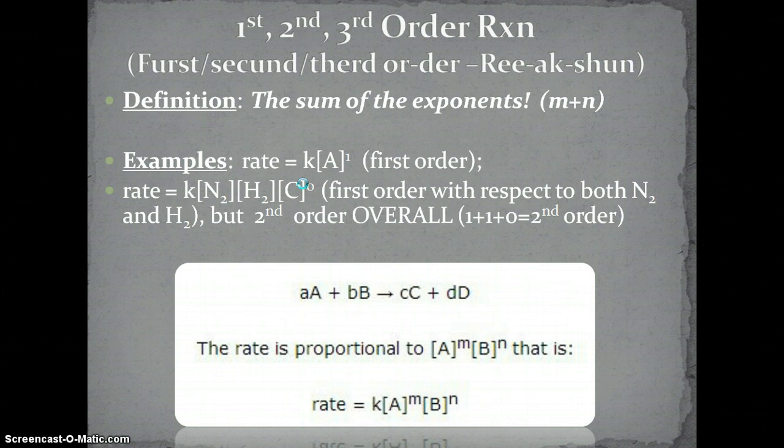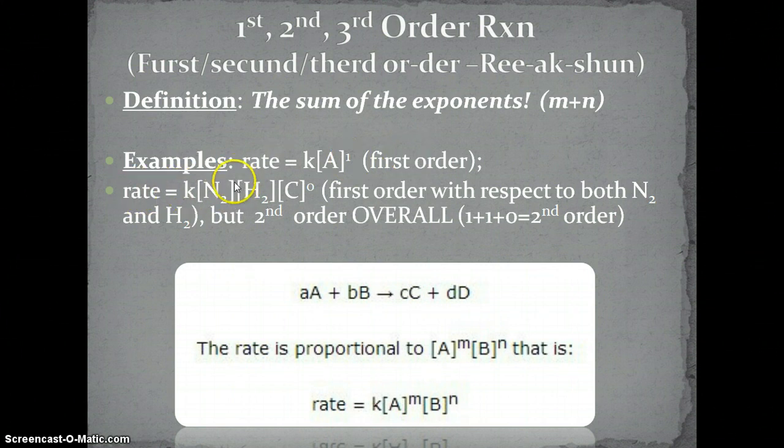All right, first, second, and third order reactions. So this gets a little more complicated, but the same idea. We're going to see the sum of the exponents. So let's check it out. We're going to add all the exponents in this rate law, and we get 1. There's nothing else. So it's first order overall. Let's take a look at this one.